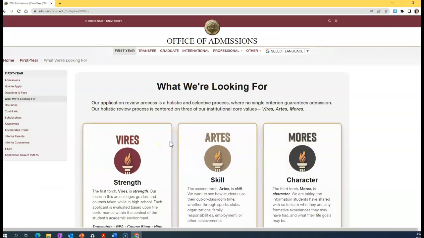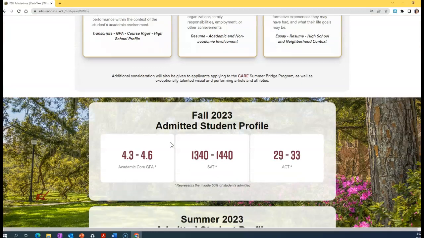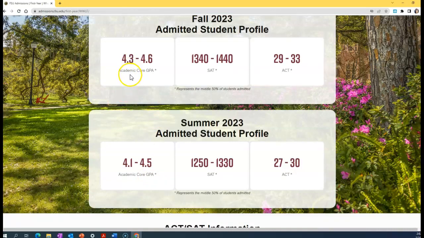Each of the schools will post what they're looking for, the admitted student profile from the fall of 2023. This is what it looks like: 4.3 to 4.6, average SAT, ACT scores.